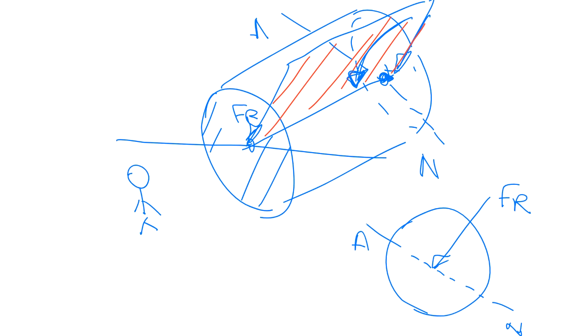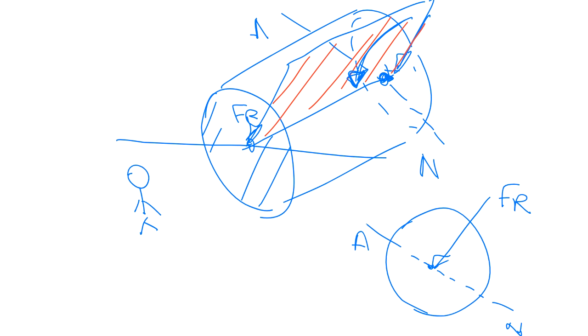Now, where will be the location of the maximum tension stress? I'm going to help you out, because you are not sitting in front of me. I'm going to mark more than one location and give them numbers, and you tell me which one has the maximum tension and which one has the maximum compression.